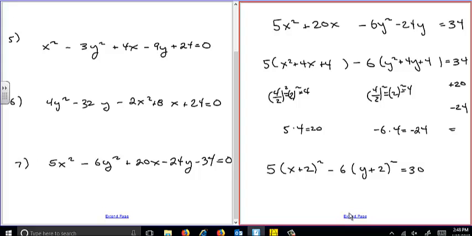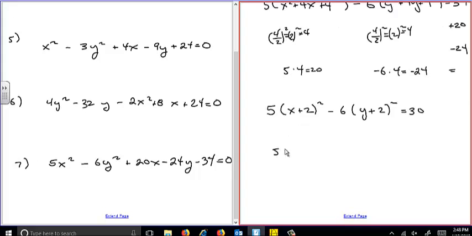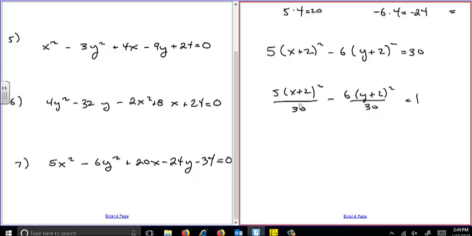And if you divide everything by 30, you get that. And then we can take the reciprocal. So you get 30 over 5 here.